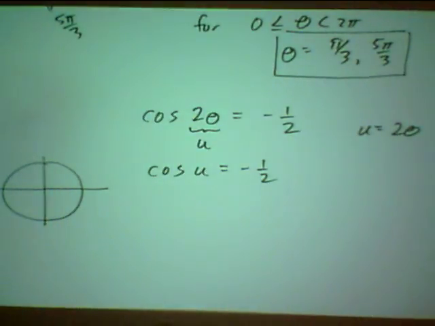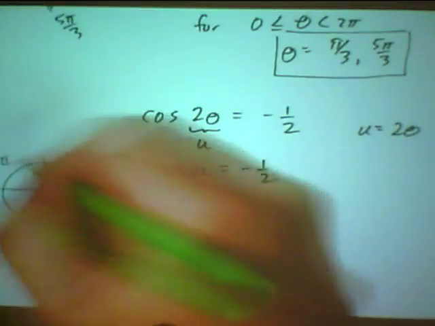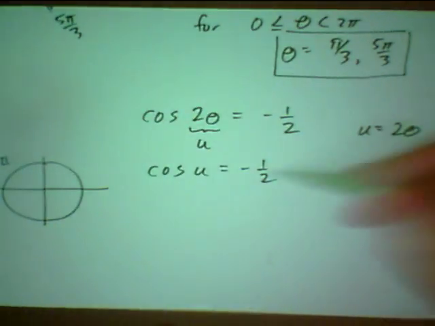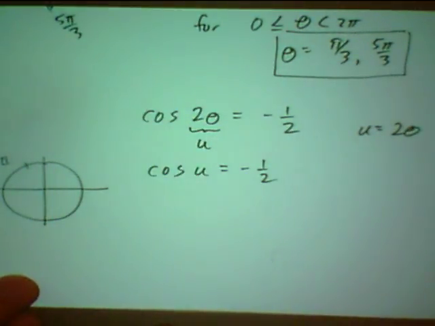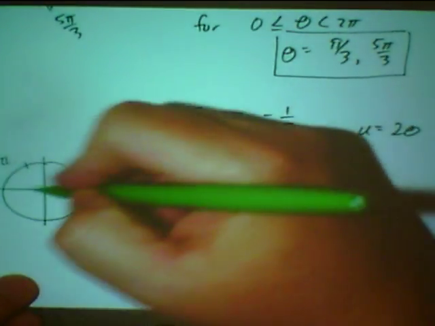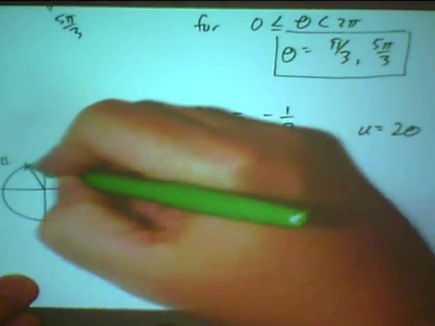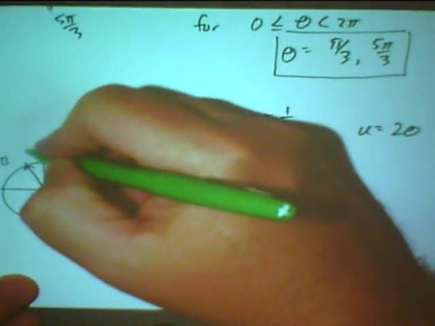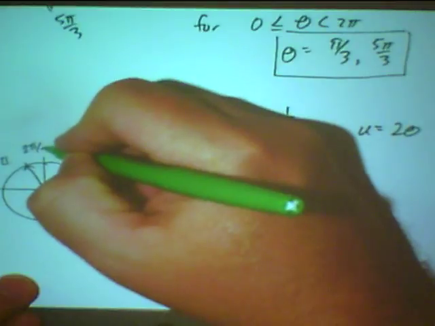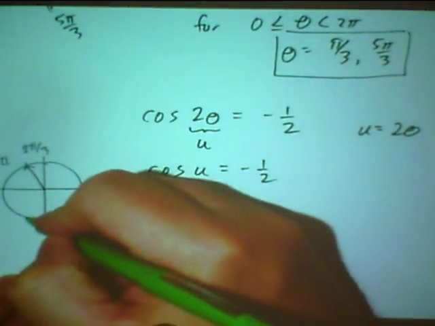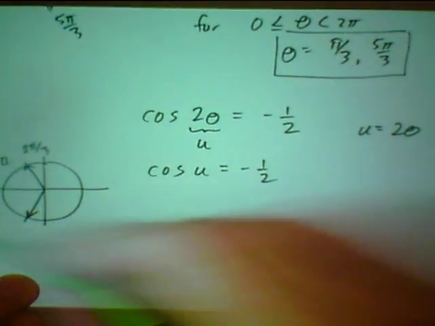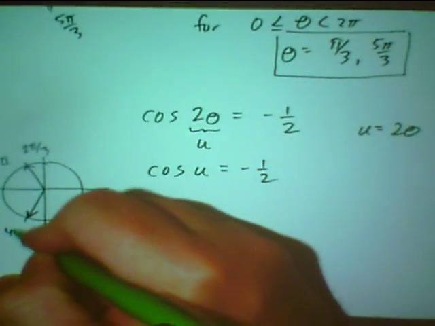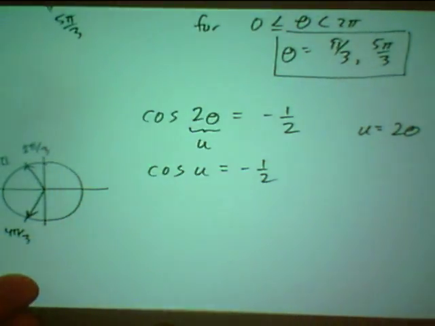If the x coordinate is negative, I know it's got to be in either quadrant 2 or quadrant 3. I think about my special points, and I realize that point right there is where the cosine is negative 1/2, and that angle is 2 pi over 3. Then this angle down here, the cosine of that is also negative 1/2, and that is 4 pi over 3.